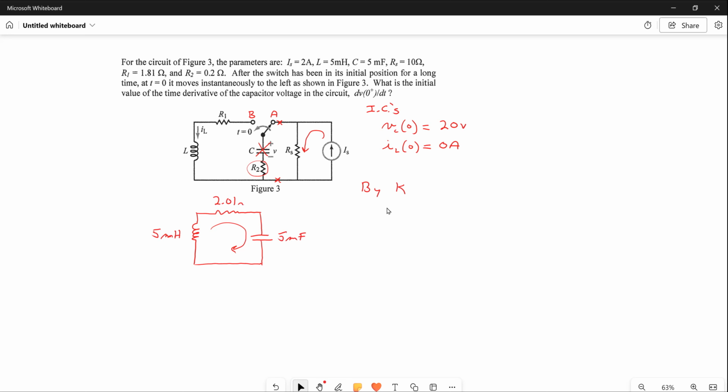So by Kirchhoff's voltage law, with the current flowing I, I'm just going to go around the loop.